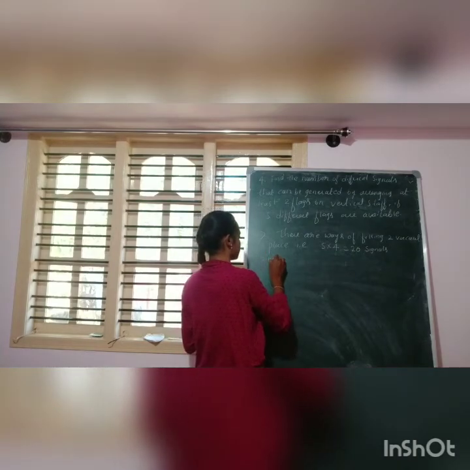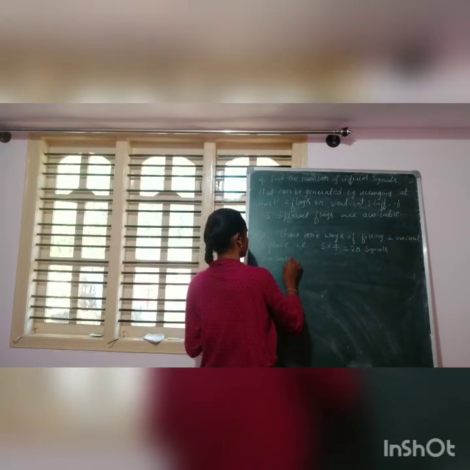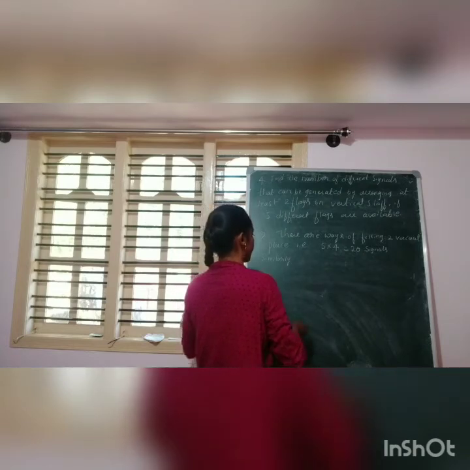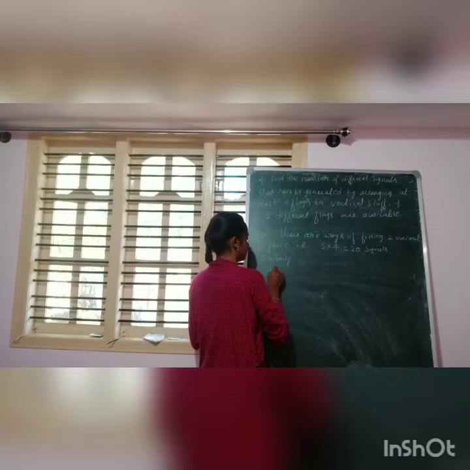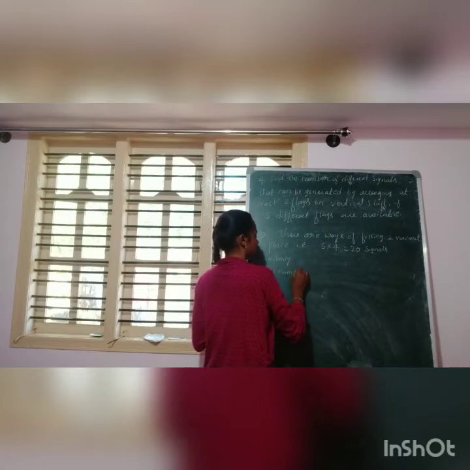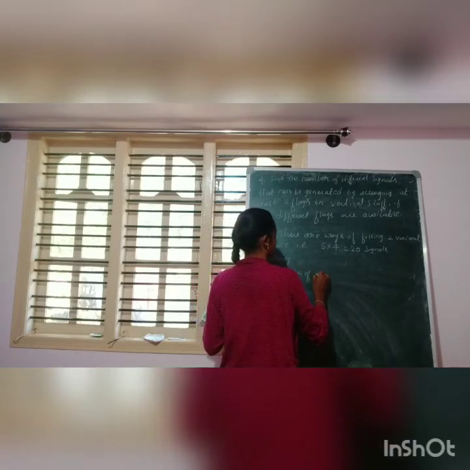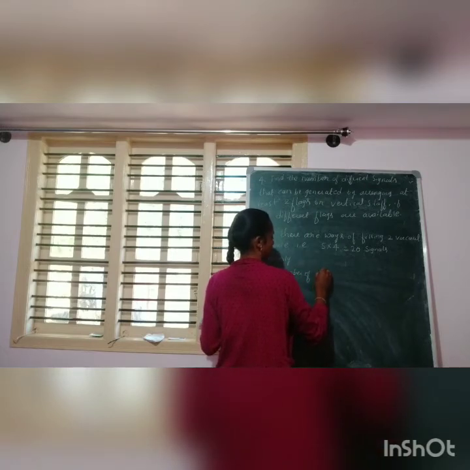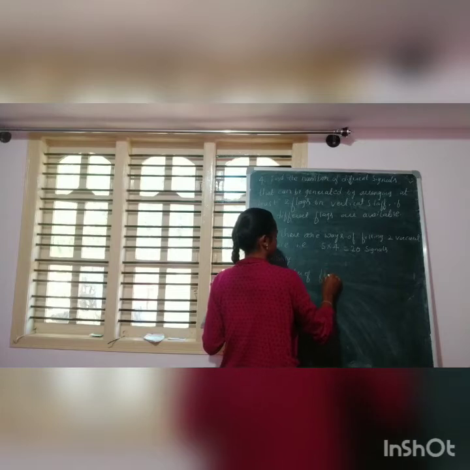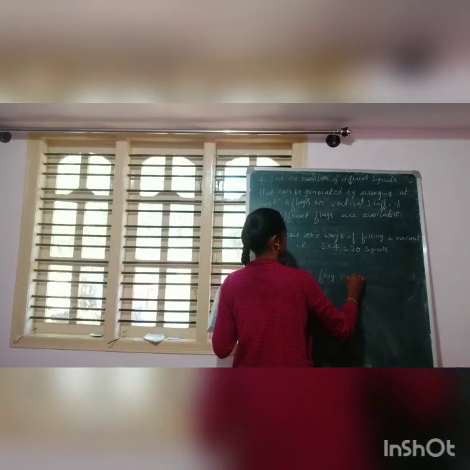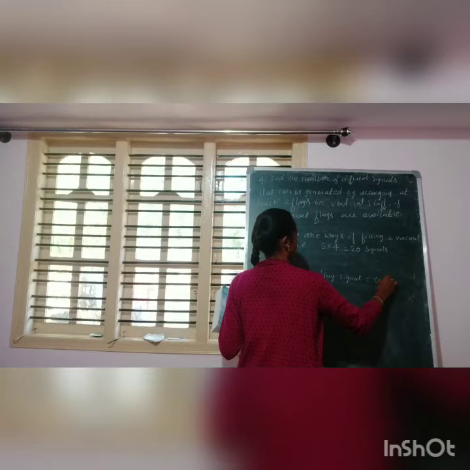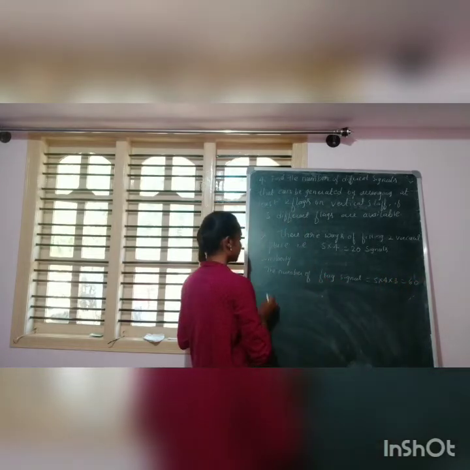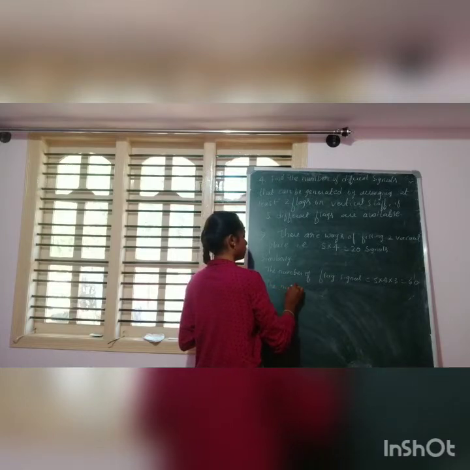Similarly, the number of 3 flag signals is equal to 5 into 4 into 3, which is 60.